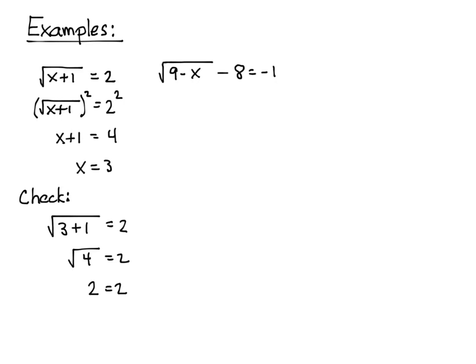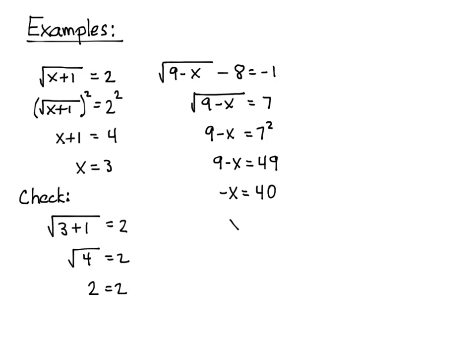Okay, so let's say we have this equation. First step always is to isolate the square root. And then we're going to square both sides. I get 9 minus x equals 7 squared, or 49. And then I'm going to subtract 9 from both sides, and I get negative x equals 40, and x equals negative 40.